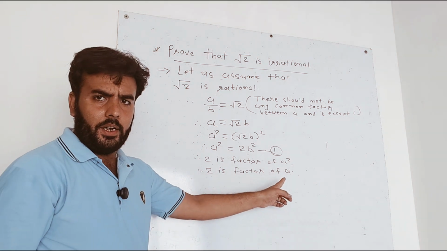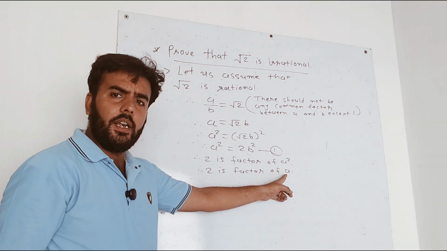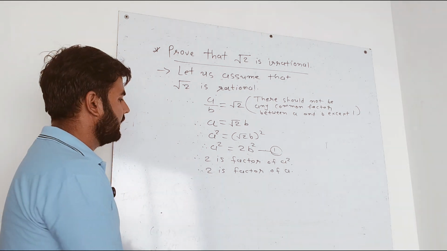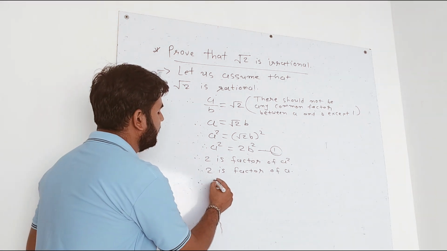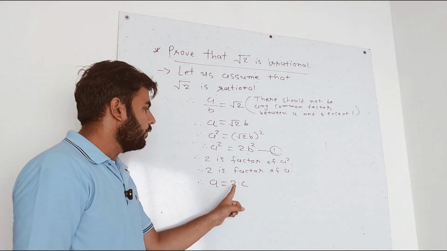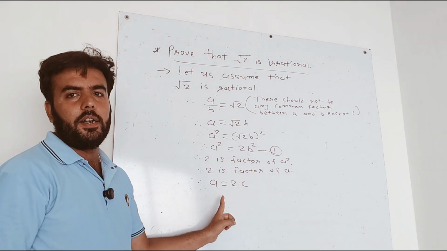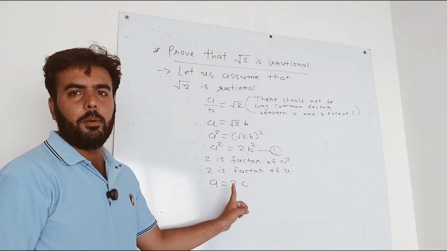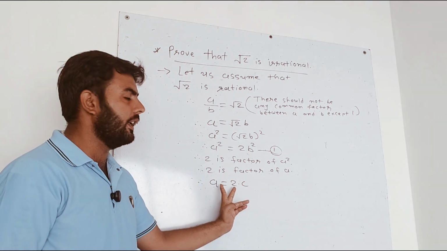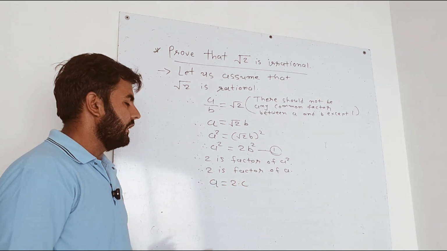If 2 is a factor of a, then the expression of a can be written in the form of a multiple of 2. So in the next step I am writing that therefore a is equal to 2 into c. As 2 is a factor of a, I can write a in multiple form of 2, and that is why I have written here a is equal to 2 into c.